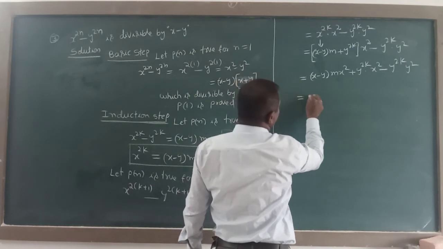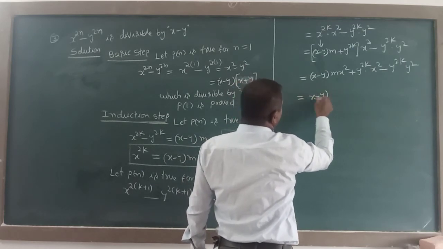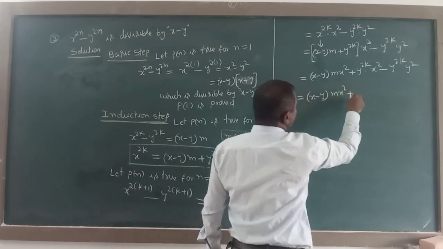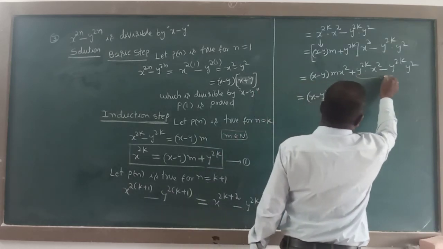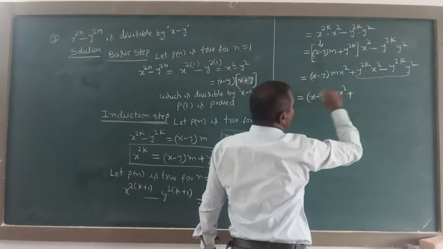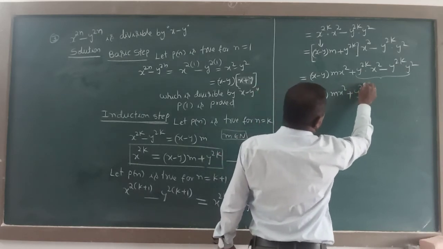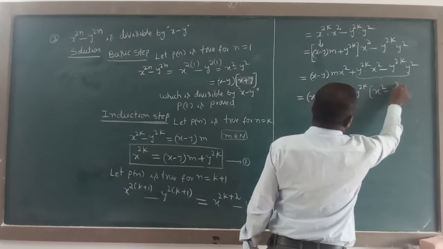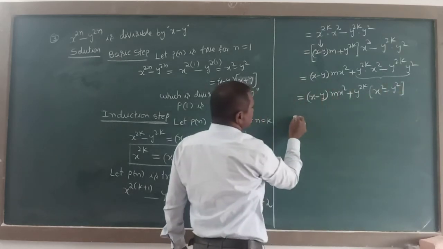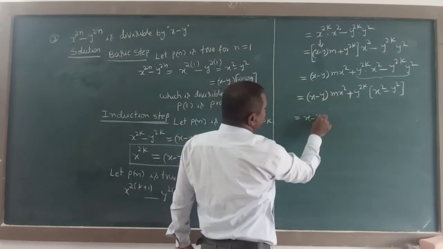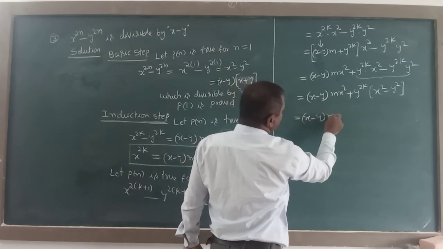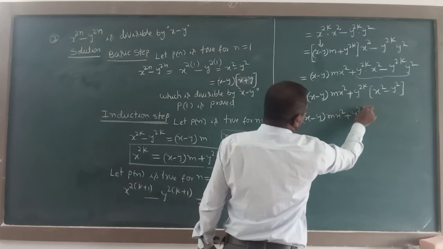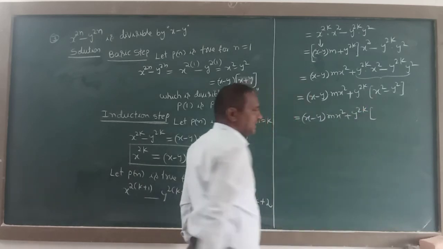From the last two terms we can take y power 2k common, then we get x square minus y square, so it is x minus y into mx square plus y power 2k into the bracket part.